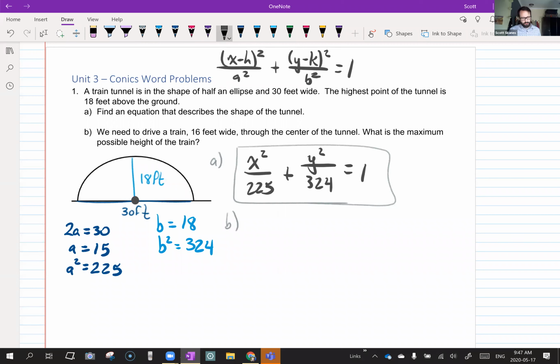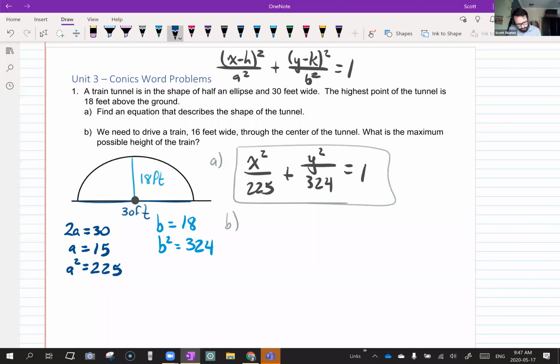Part B. We need to drive a train 16 feet wide through the center of the tunnel. What is the maximum possible height of the train? So what is the biggest height that the train can have before it touches the ceiling? Okay, so let's see. 16 feet wide. So once again, this is like our previous question.